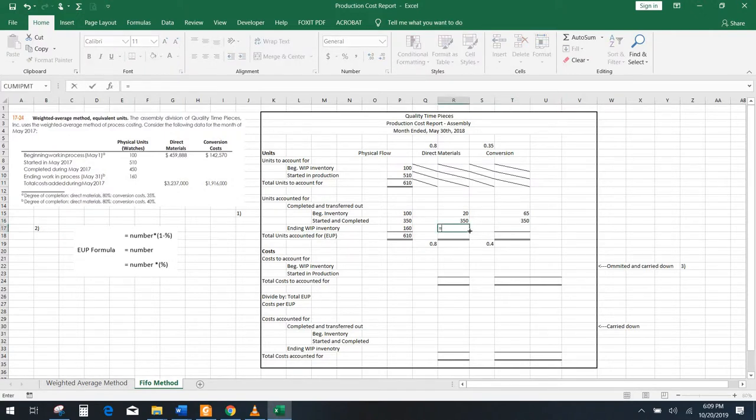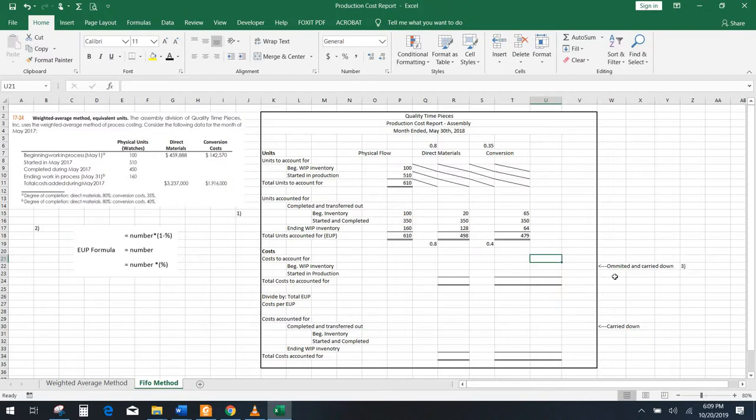And this uses the bottom formula for the bottom numbers, equals the number multiplied times the percentage. And this equals the number multiplied by the percentage. Okay, then we just auto sum these and auto sum these. Okay, that's the second major change.